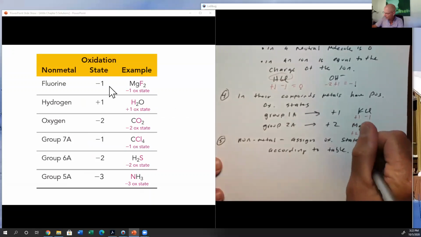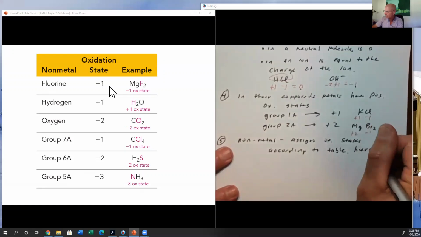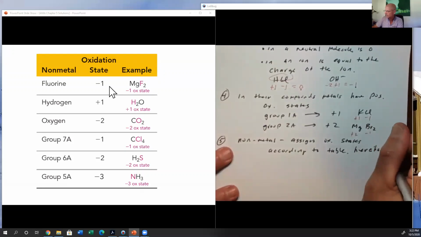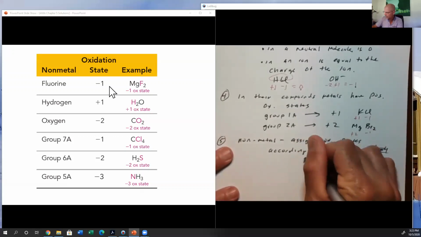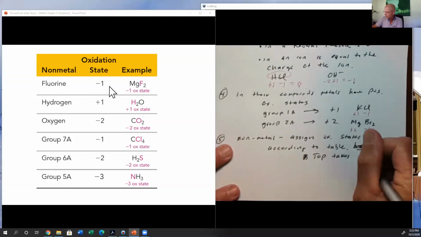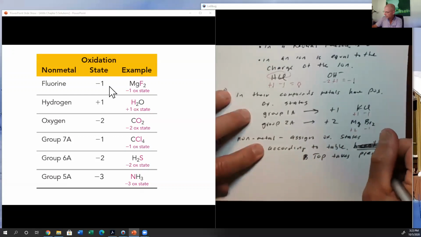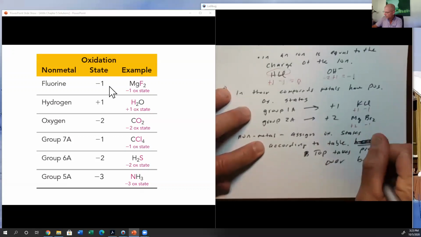And what does that mean? That means that things on the top of the table take precedence over things at the bottom. Hierarchical. Top takes precedence over bottom.